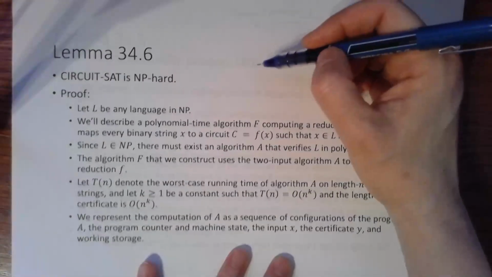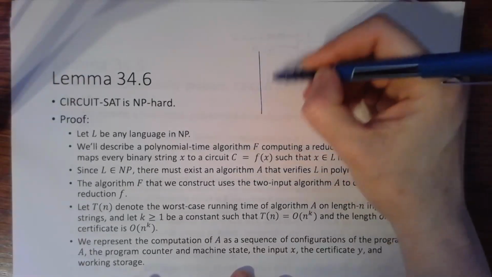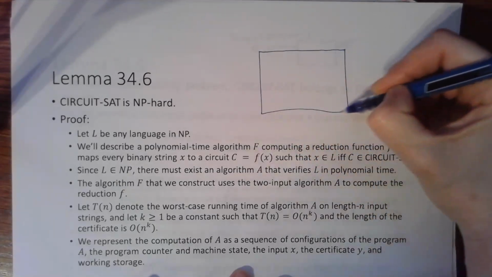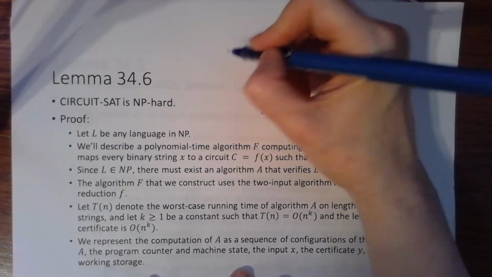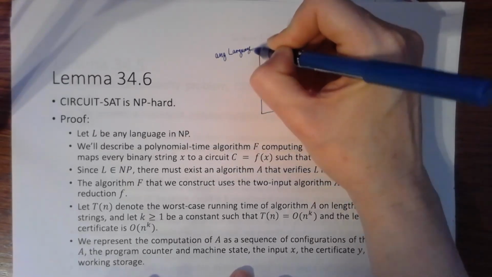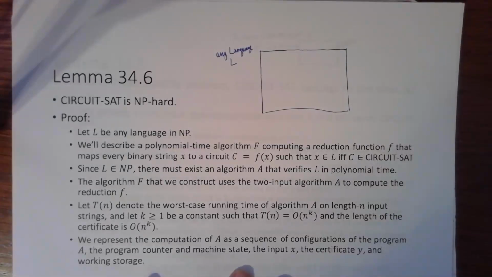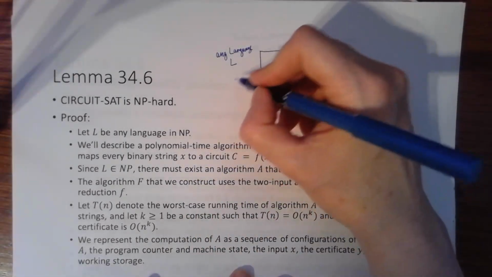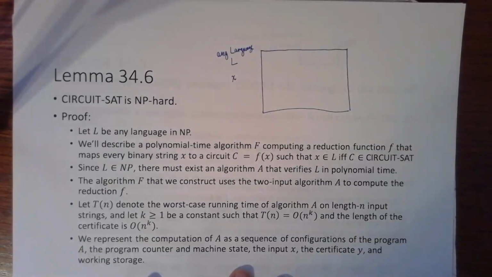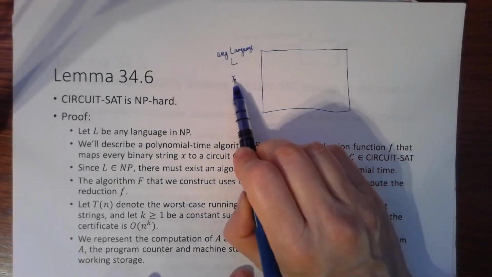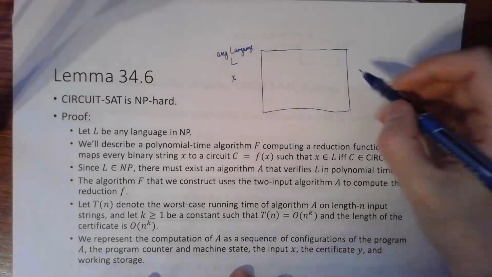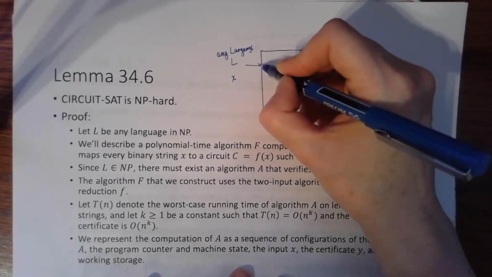If I were to draw a picture of this, I have this language, or problem, L, and I have an instance, a string X. I'm going to see if X is in L, and X is going to be in L if and only if. So this is the stuff that's going to go in.